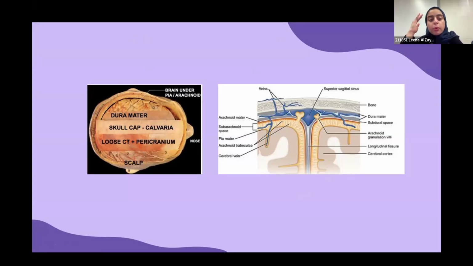We have the scalp, loose connective tissue and pericranium, skull cap, dura mater, arachnoid mater, subarachnoid, pia mater. The pia mater is very much stuck to the brain. It's basically part of the brain, where you can't really remove it from the brain tissue. And the arachnoid has arachnoid villi that drain the CSF to the veins.